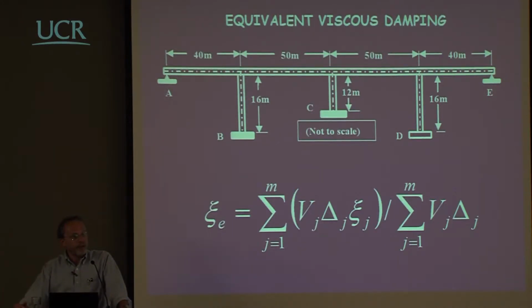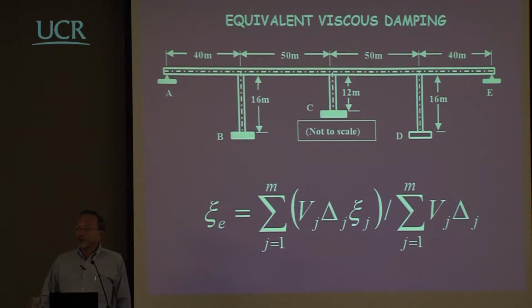But if you are combining two elements and they have the same forces passing through, then in this equation the forces disappear, and you can write that the equivalent damping is just proportional to the displacement of each one of the elements that you are combining.